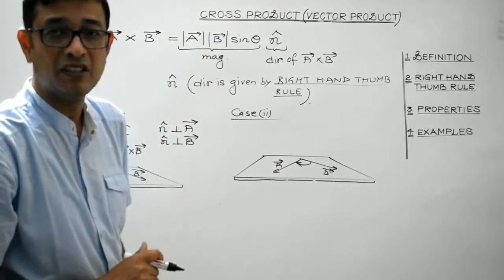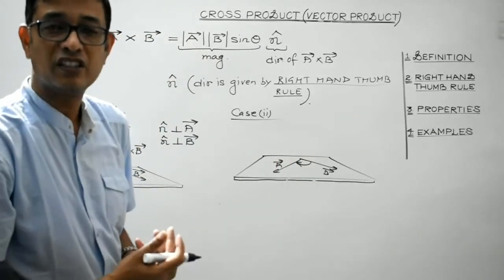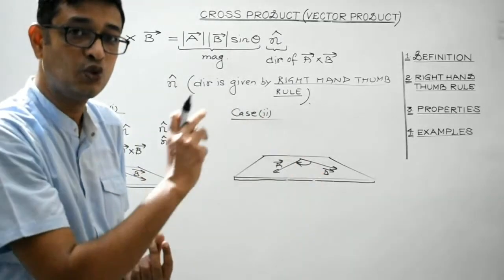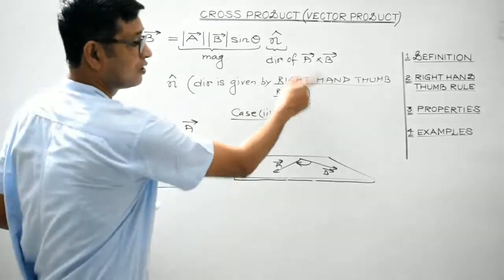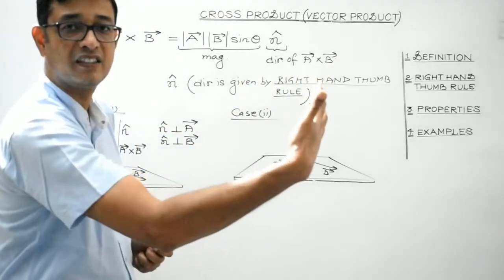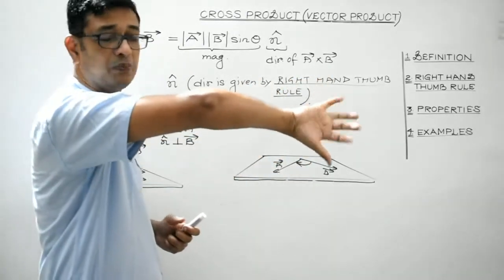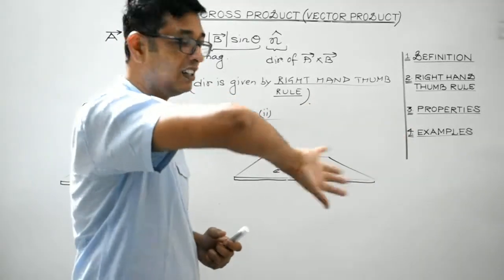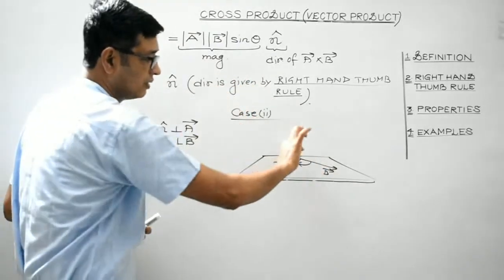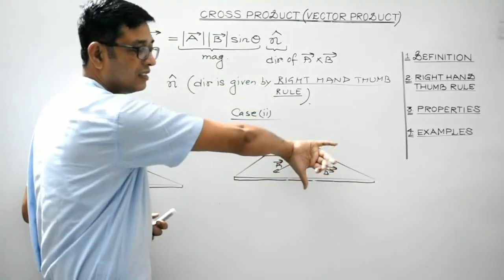So students, remember, we need to consider the direction of rotation of B towards A. So it will be in the clockwise direction. So let's make use of this rule again. This is my right hand, isn't it? So the fingers must curl along the direction of rotation of B towards A. That is in the clockwise direction, like this, B to A, like this.